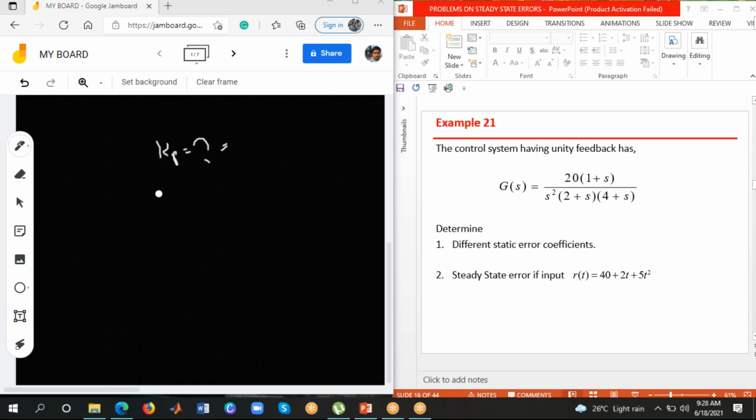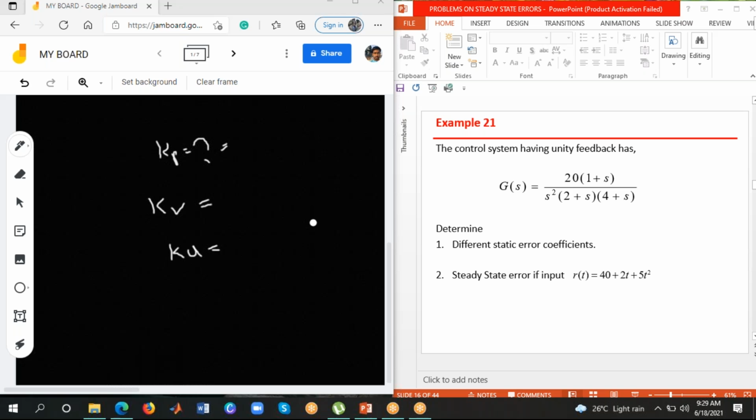What is the KP value? KV and KA. Right? Infinity, infinity, and 2.5.